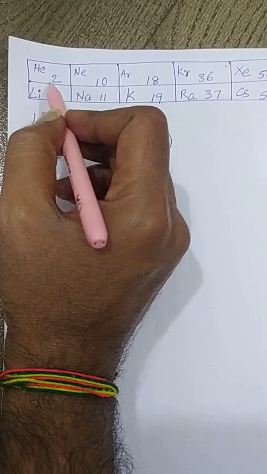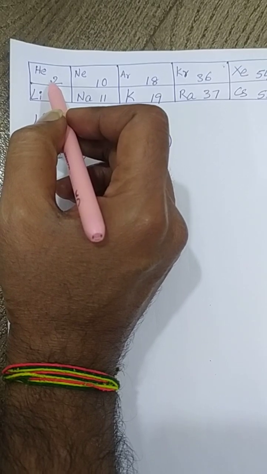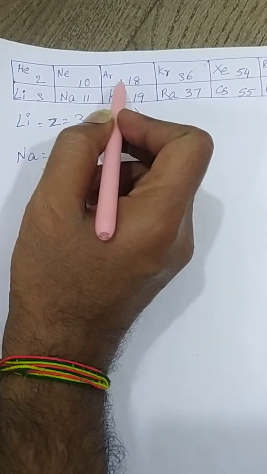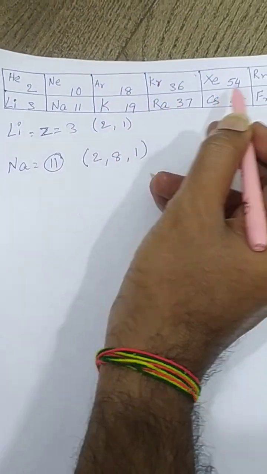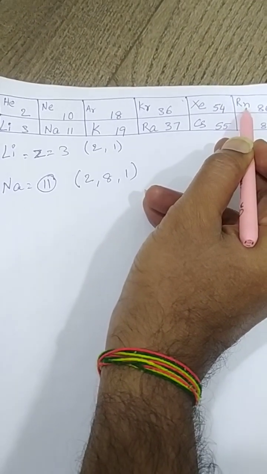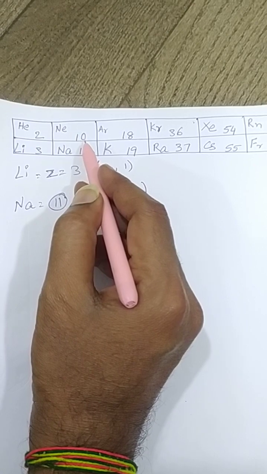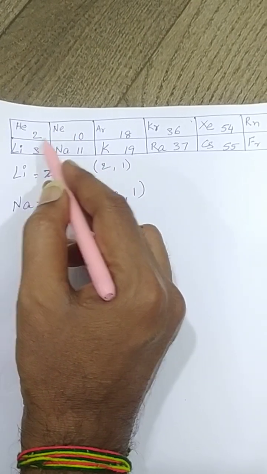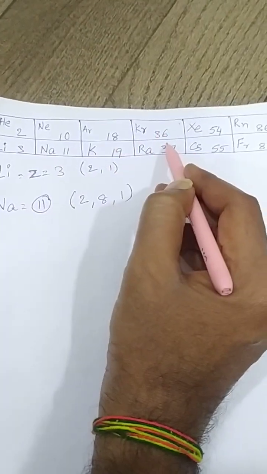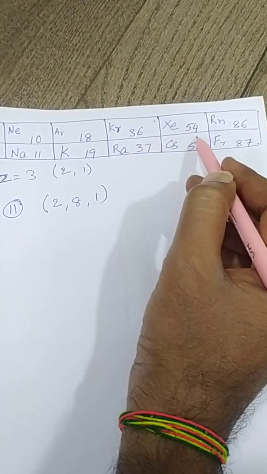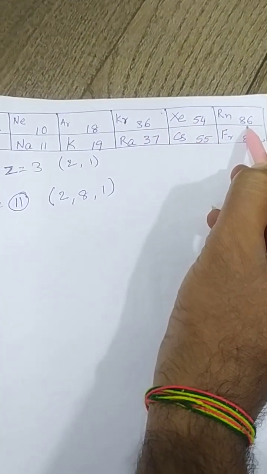Here are the inert gases, that is the zero group: helium, neon, argon, krypton, xenon and radon. Their element numbers are 2, 10, 18, 36, 54 and 86.